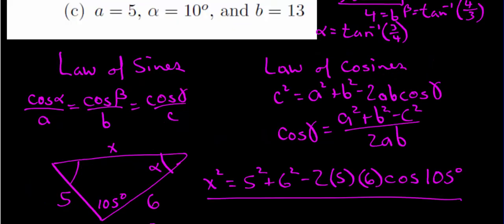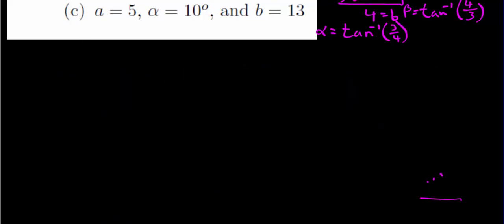Okay, let's take a look at this next one where we have a equals 5, alpha equals 10 degrees, and then b equals 13. Let me just erase some of this, give us some room here. Now you don't have to sketch these out, but let's just see what this possibly could look like.